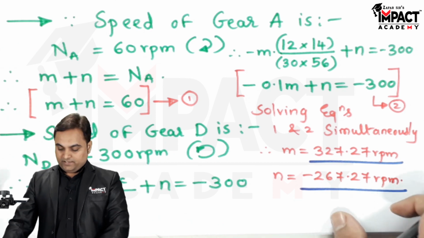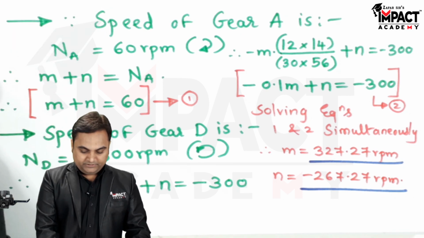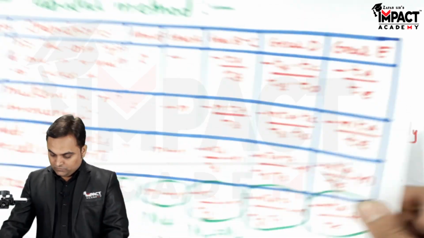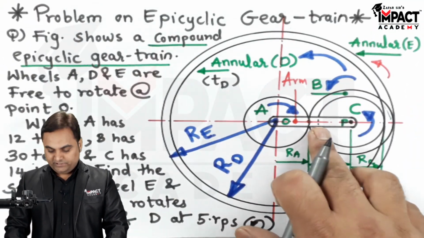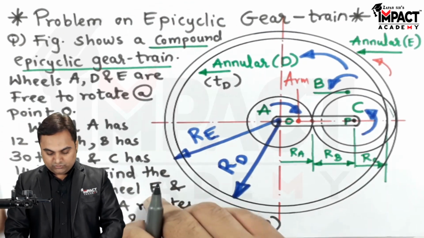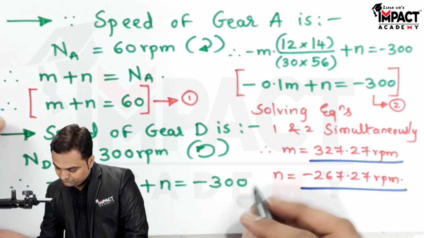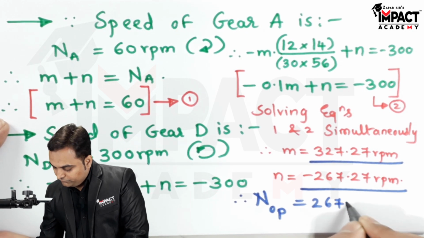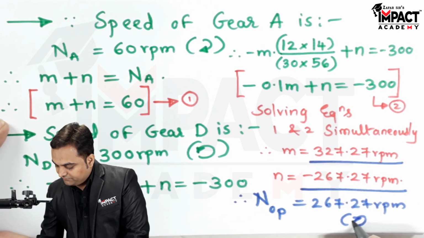Now after getting m and n, I'll explain it with the help of the table. Small n was the speed of OP, and OP is the arm when I look into the diagram. So one of the questions was to get the RPM of this arm OP. So the first question has been answered: small n indicates the speed of arm OP, which is 267.27 rpm, and it is rotating in an anti-clockwise sense because the answer is negative.